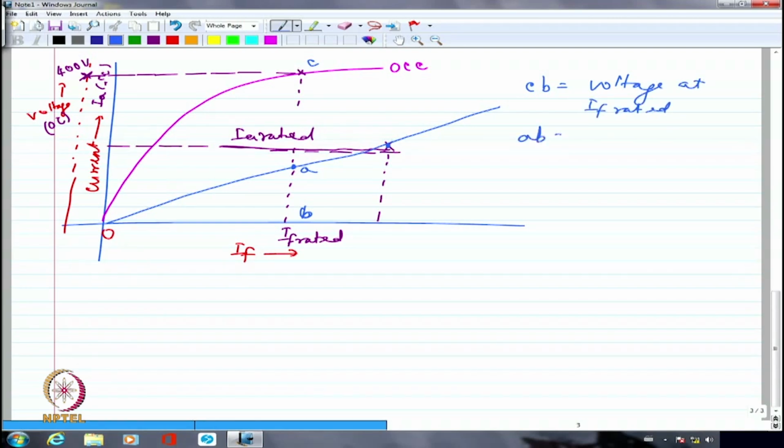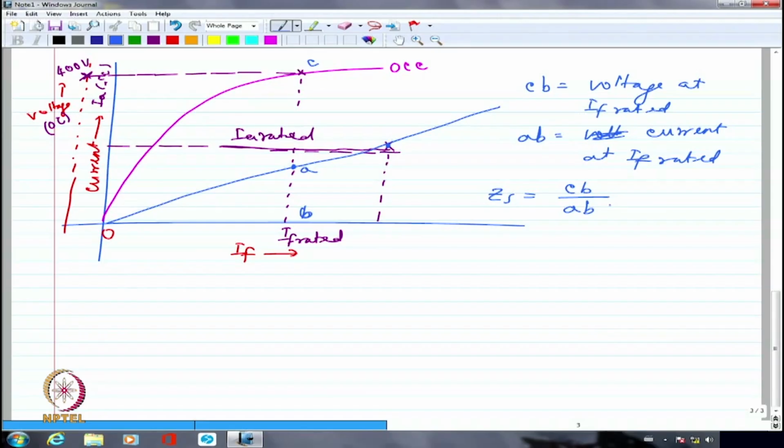AB is the current at IF rated. So I'm going to say that ZS is equal to CB divided by AB. That is what is ZS.